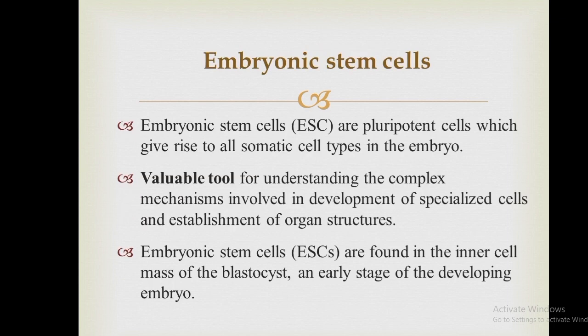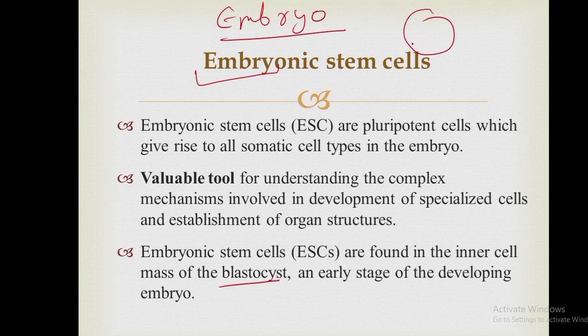Embryonic stem cells, as the name suggests, are those types of stem cells which are isolated or formed from the embryo. In the embryo, during the blastula stage or blastocyst stage, the embryo contains a cellular mass that is undifferentiated in nature.